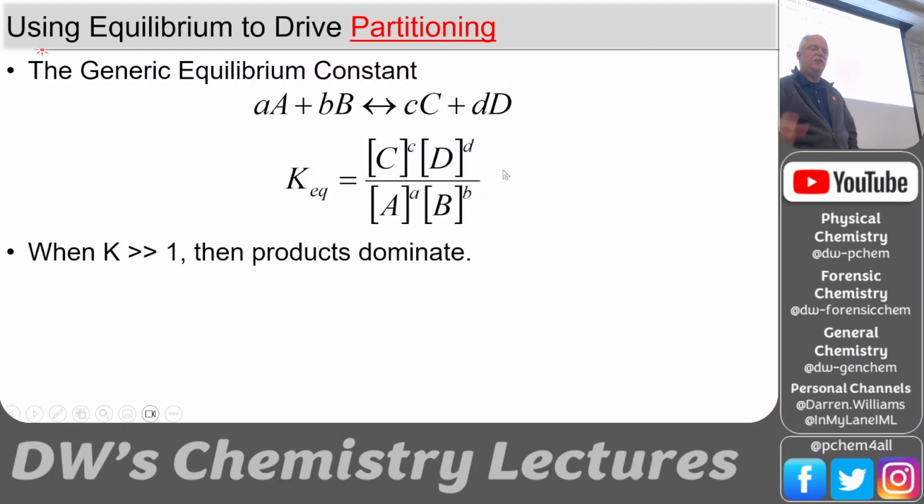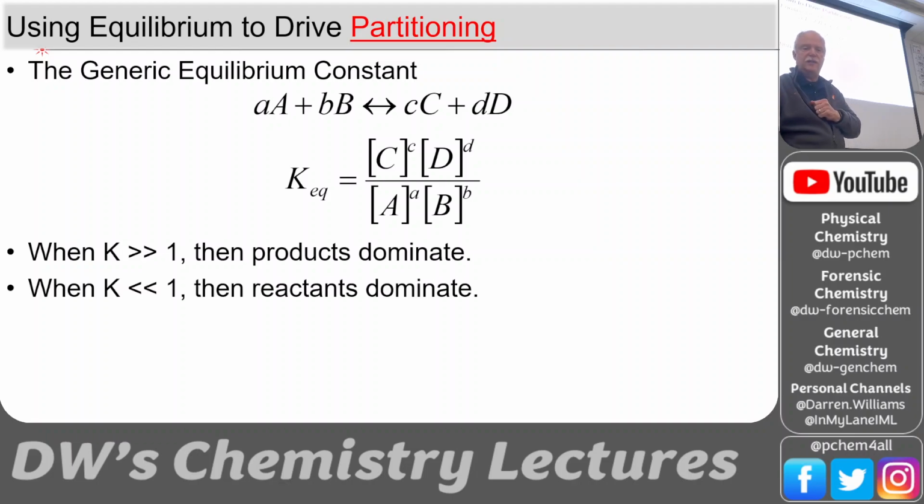And so if this is much greater than 1, again, the products are more than reactants, then the products are dominating. If this is much less than 1, then the reactants, the denominator is big, which means the reactants are dominating. If it's exactly 1, then it's 50-50. The reaction's right in the middle. It's half products, half reactants. And so if K is 1, then you've got sort of a strange situation.